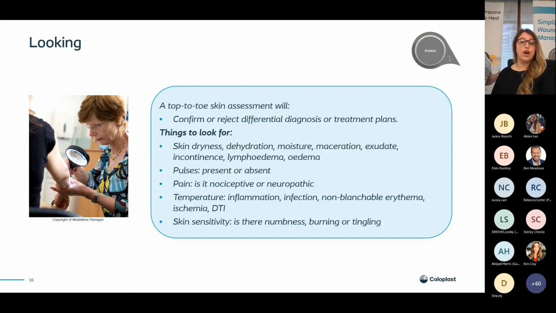You need to check to find out whether pulses are present. So particularly in our diabetic patients, you need to find out whether they've got any pulses present. But with our patients that also have a vascular compromise, we need to know how compromised they are, whether they've been seen by vascular already, or whether that's something that we may need to do a referral into that service.